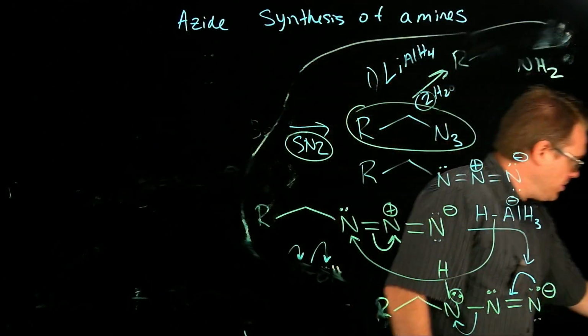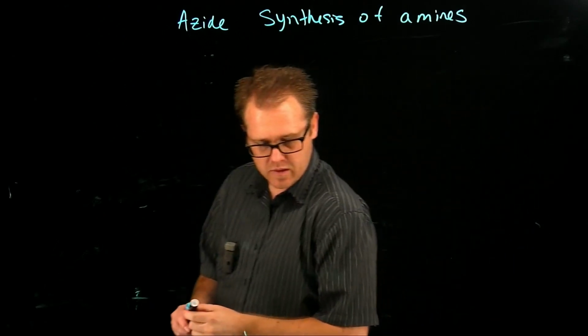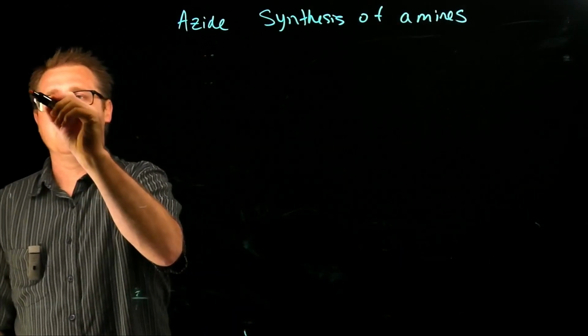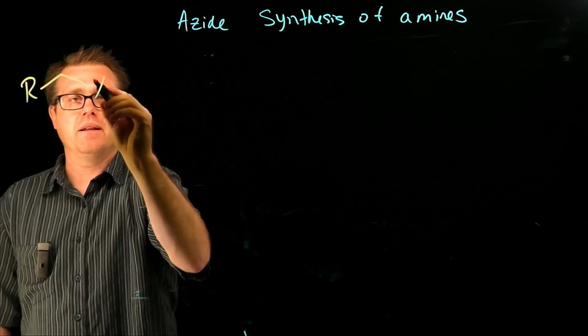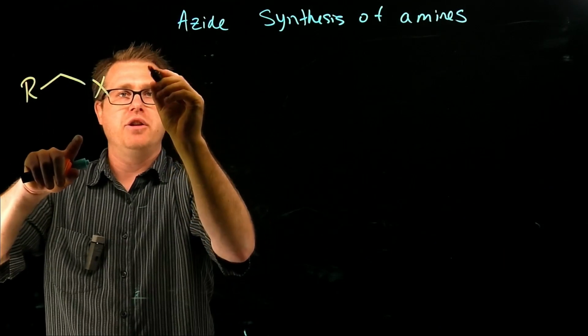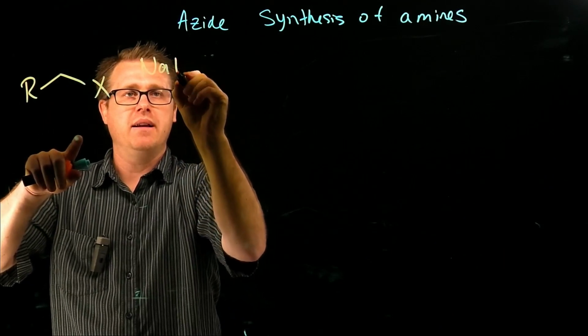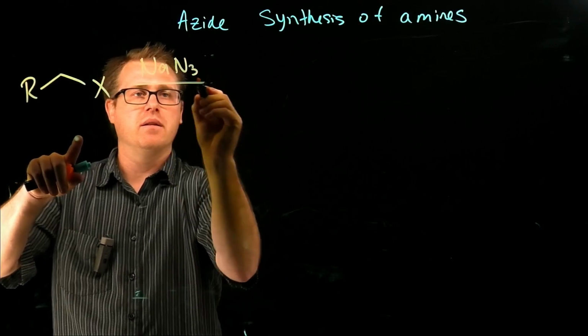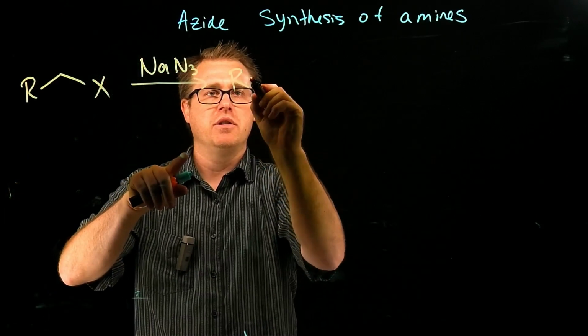So if we clean this up a bit and just write an overall reaction. We can say if you take an alkyl halide and you treat it with sodium azide, right, that will get you your azide.